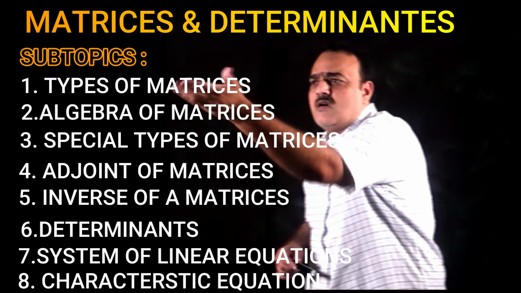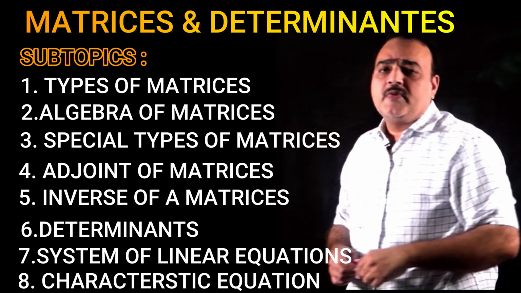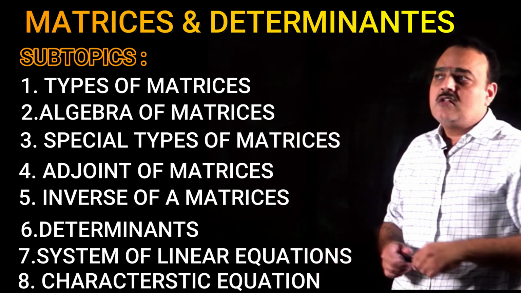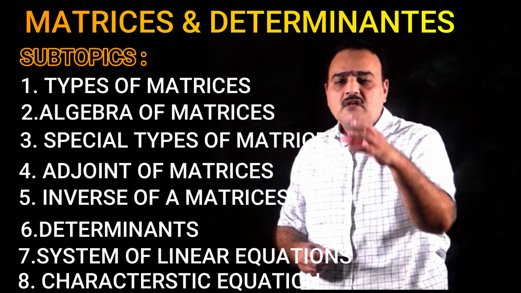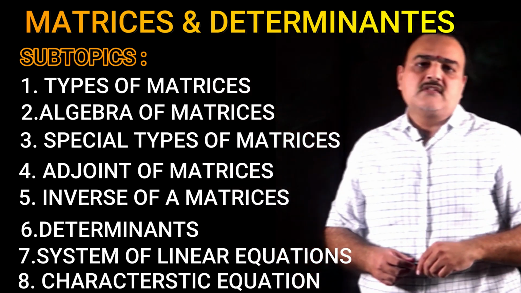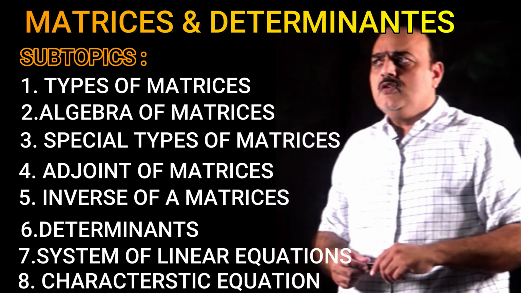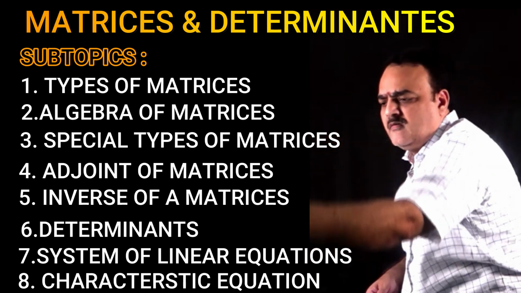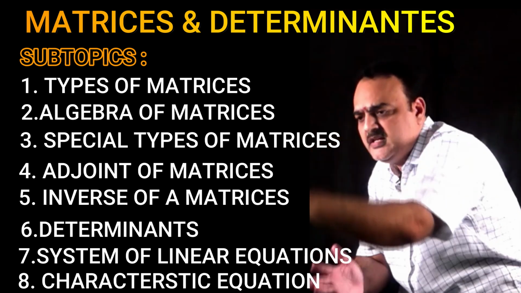Before going for this subtopic, you need to have a grip over the order of a matrix, which also comes here in algebra of matrices. Unless you are perfect on the order of a matrix, you cannot go for algebra of matrices. So every student must be perfect in every definition and every concept, subtopic wise.